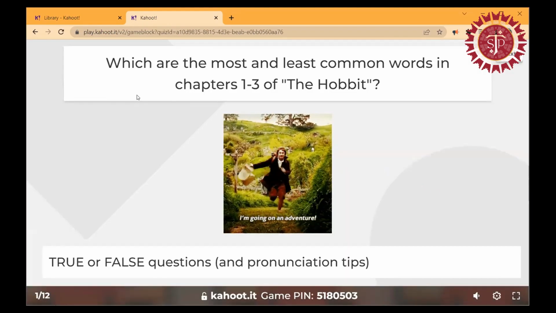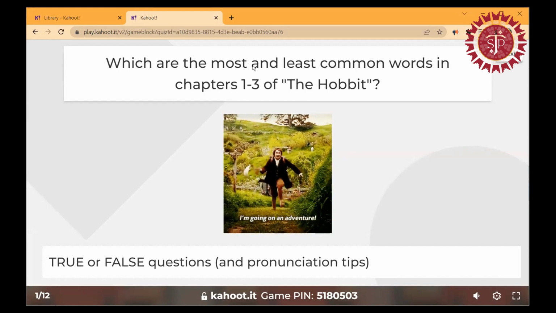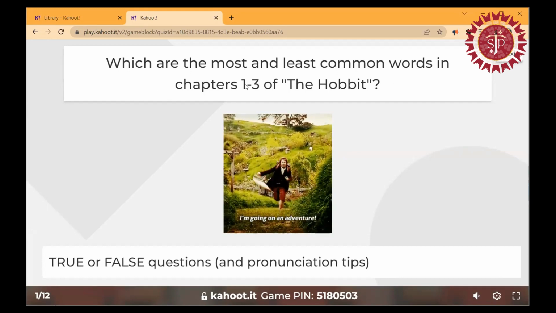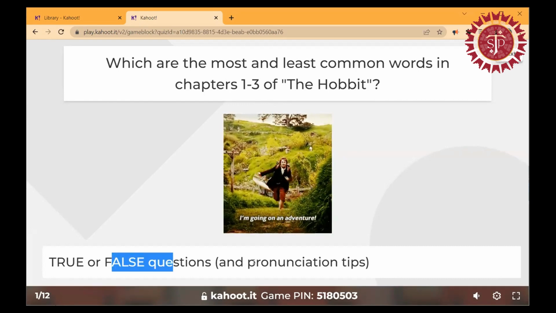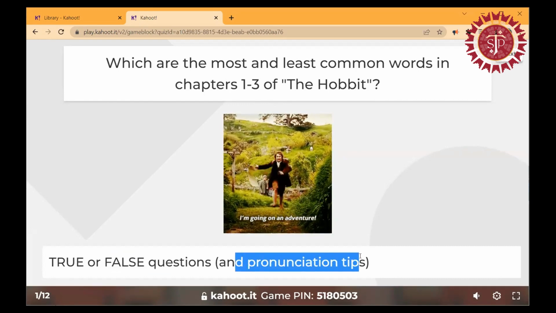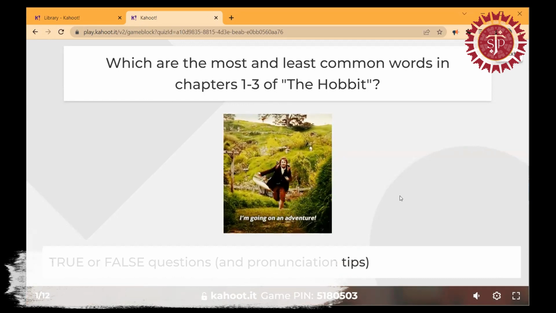What we're going to do today is to think about which are the most and the least common words in chapters 1 to 3 of The Hobbit. How are we going to do this? I'm going to put some true or false questions and then some pronunciation tips also for these words that we can apply to other words. Okay?